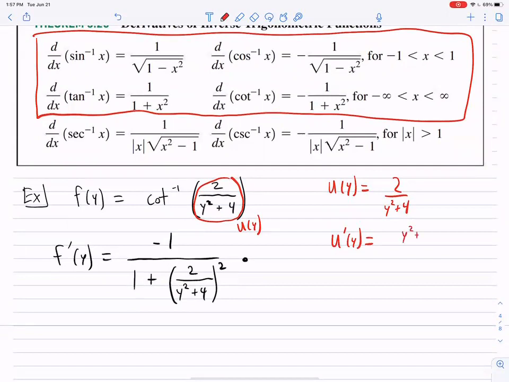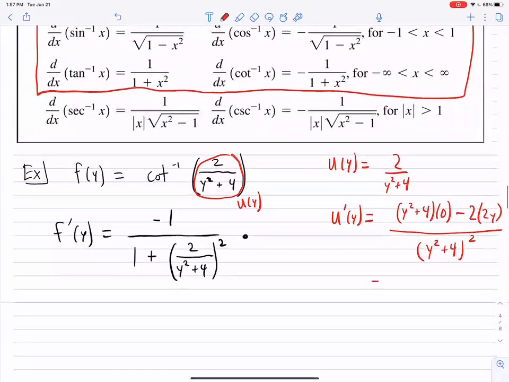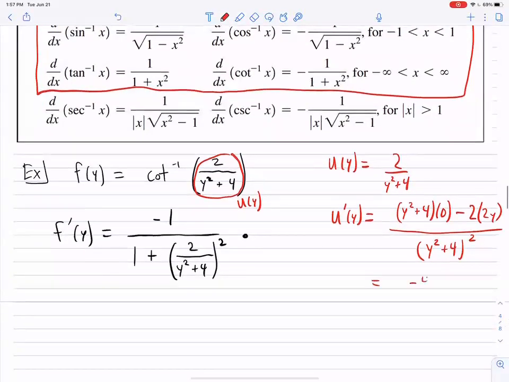So y squared plus 4 times the derivative of the high, which is 0, minus high d low. So 2 times the derivative of the low, which is 2y, all over low squared, y squared plus 4 squared. Simplifying that, we get -4y over y squared plus 4 squared.